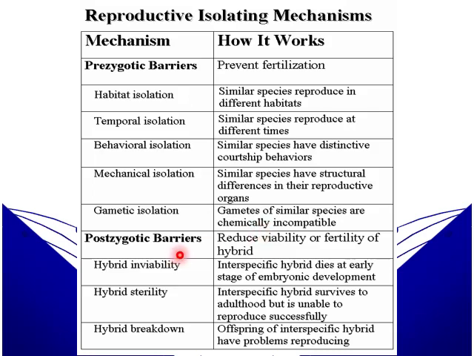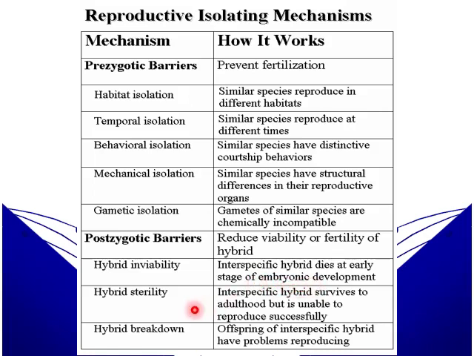And the next one is the post-zygotic barrier. It reduces the viability or fertility of hybrids. Number one is hybrid inviability. Interspecific hybrids die at early stages of embryonic development. In this type, after fertilization, the embryo may die.